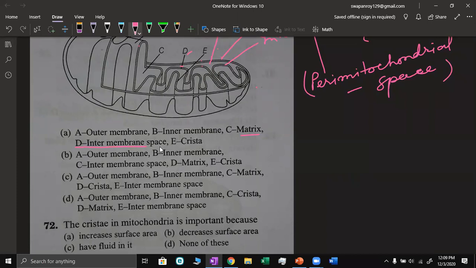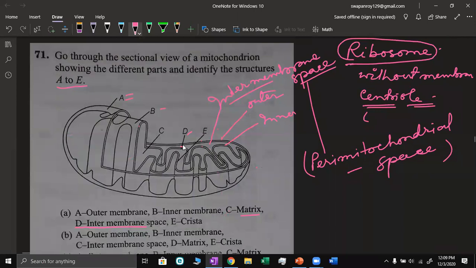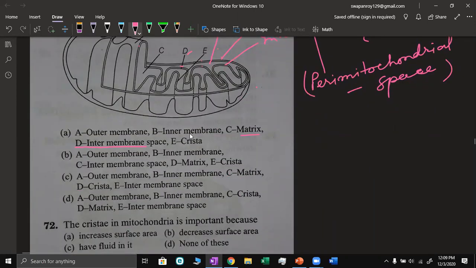The arrow that is showing is not correct, but you have to answer the most correct one. The others are not totally matching, so you have to answer this one.